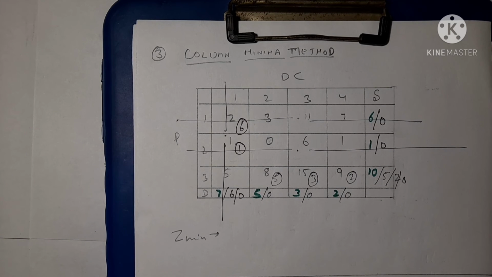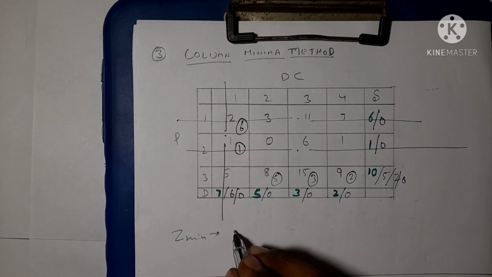Okay, again you can find out the way. The number of allocations in this is less than m plus n minus 1. It is a degenerate solution. How we will be solving it, we will discuss in the next lectures.